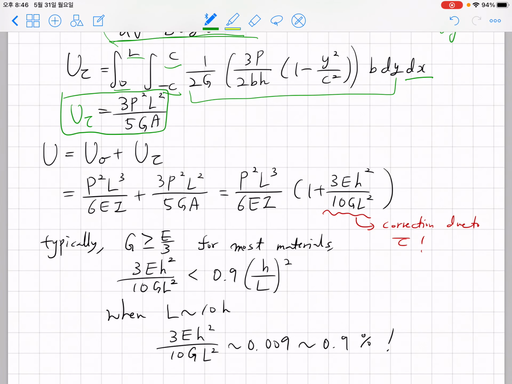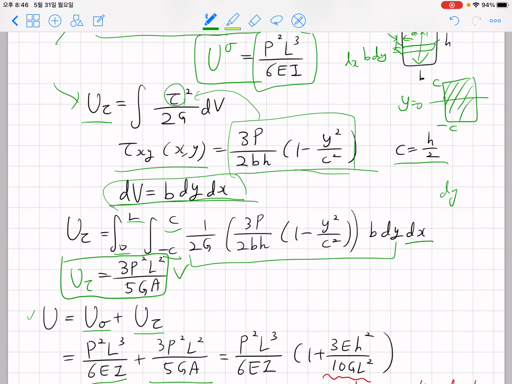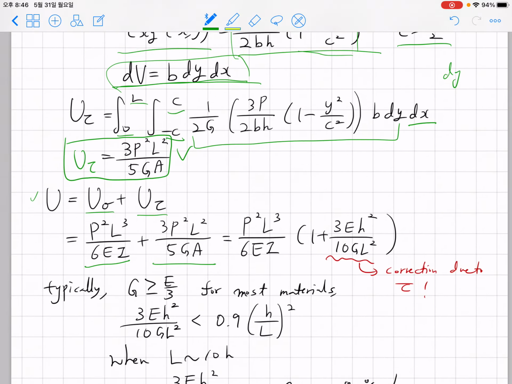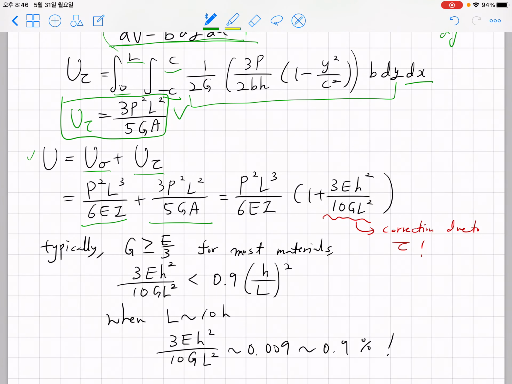So the total strain energy from both normal stress and shear stress turns out to be this term plus this term, which we already obtained here and there. You can massage this equation as U sigma multiplied by 1 plus something. This is the additional term, which after multiplying becomes the second term here.